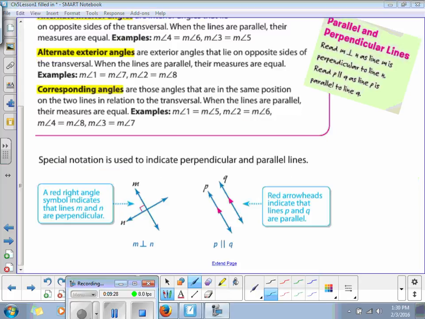Please make sure you add vertical angles. Okay? Vertical angles are formed, write this down, are formed when two lines intersect.